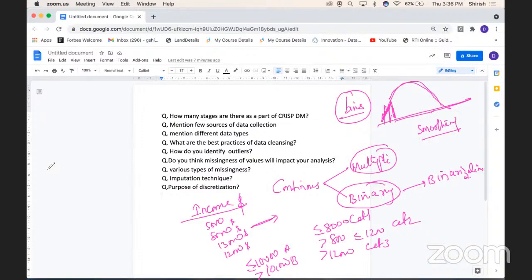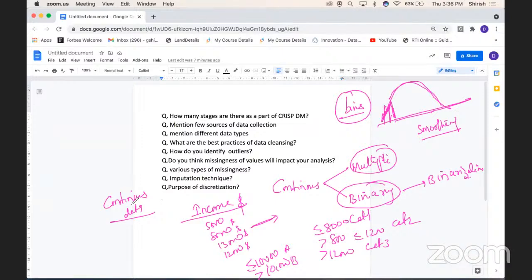And it is incompatible with models. Why? Because a few models are incompatible when it is continuous data. We have our random forest and decision tree models. So definitely you have to opt for a discretization technique there also.